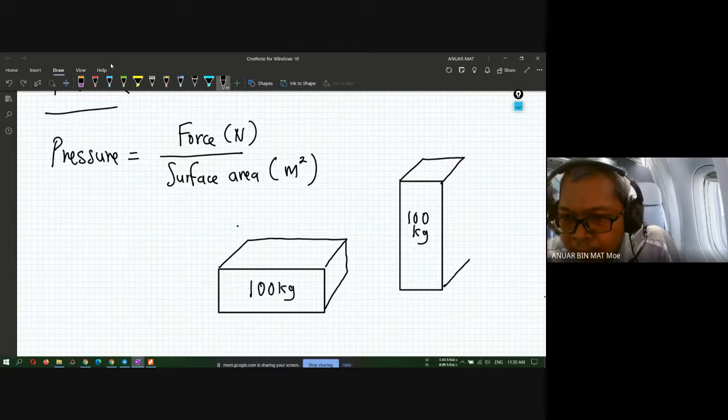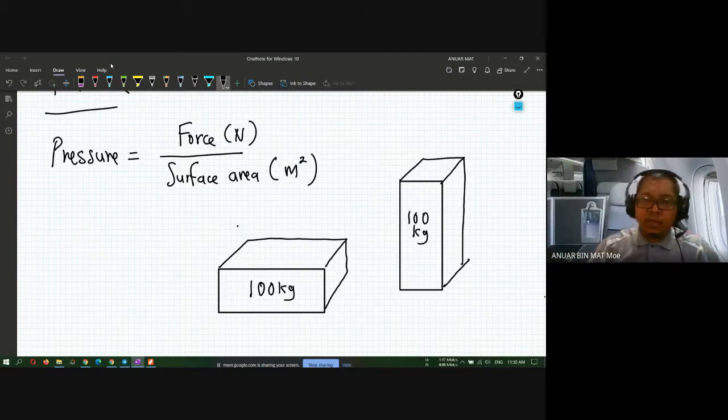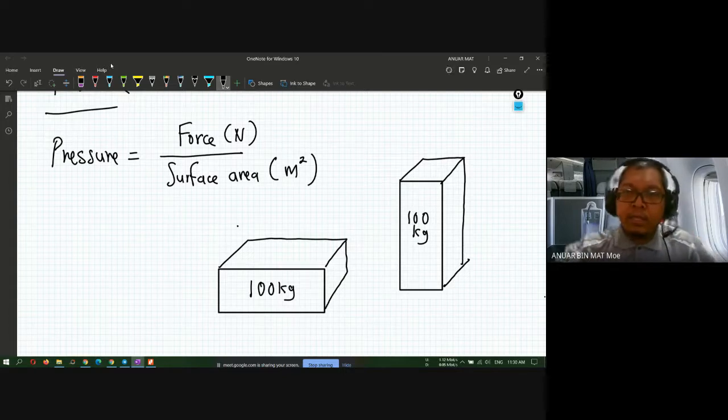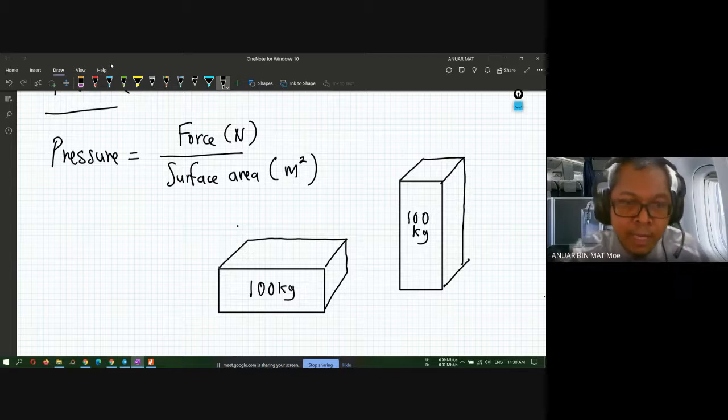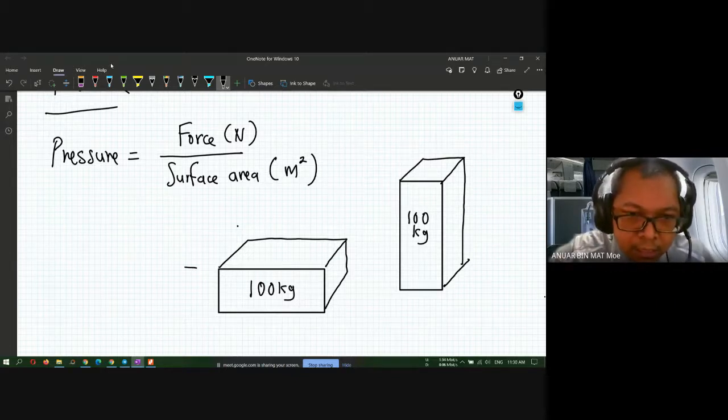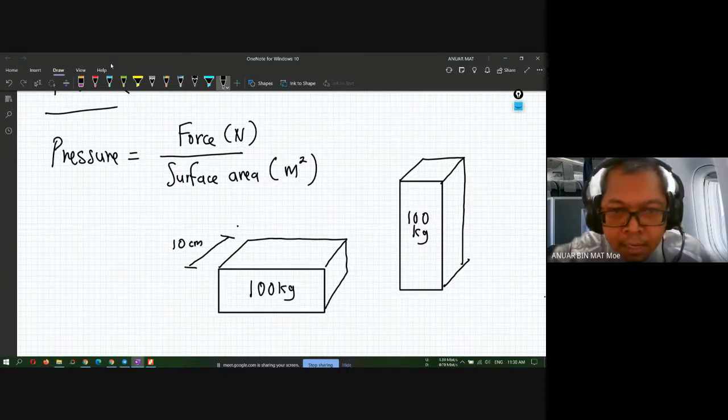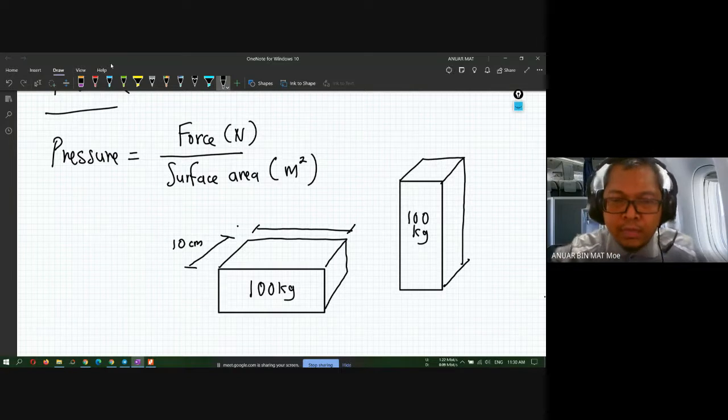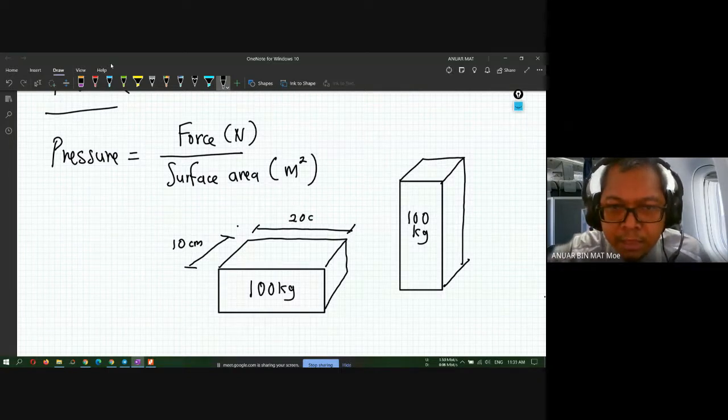Similar object, but the position is different. So what I mean by similar object: for object A, I take the distance here to be about 10 centimeter, and the width and the length of this side is about 20 centimeter.